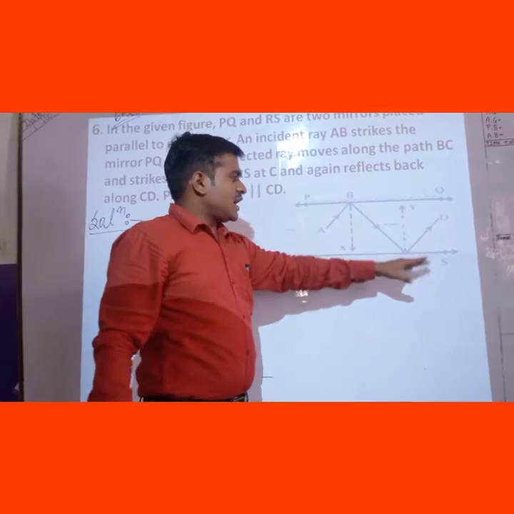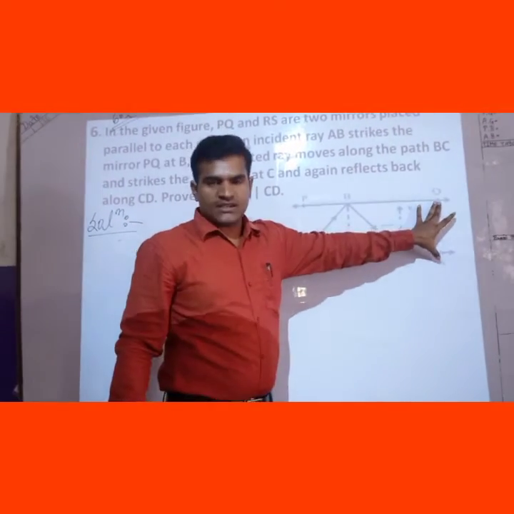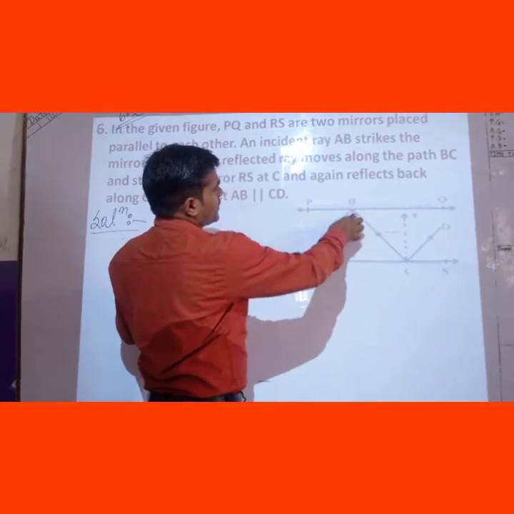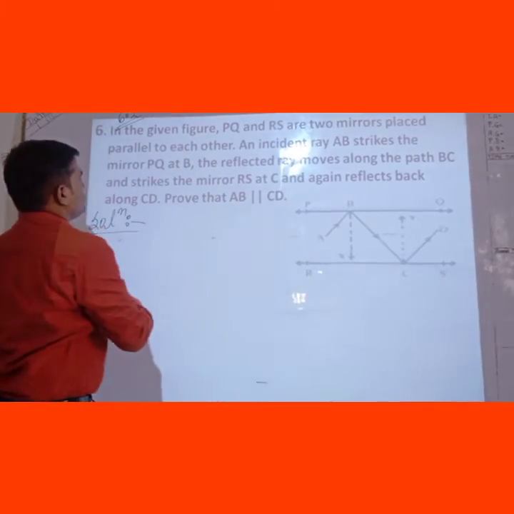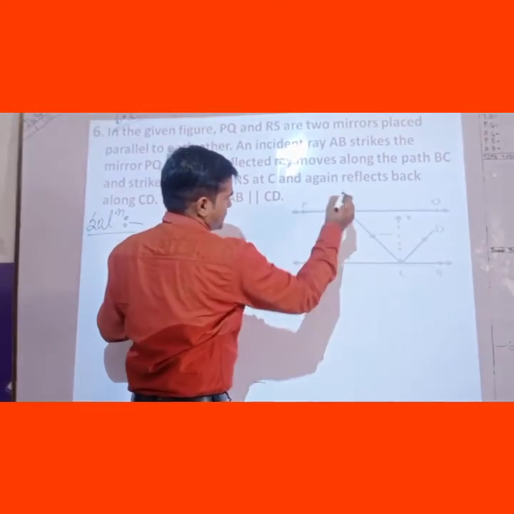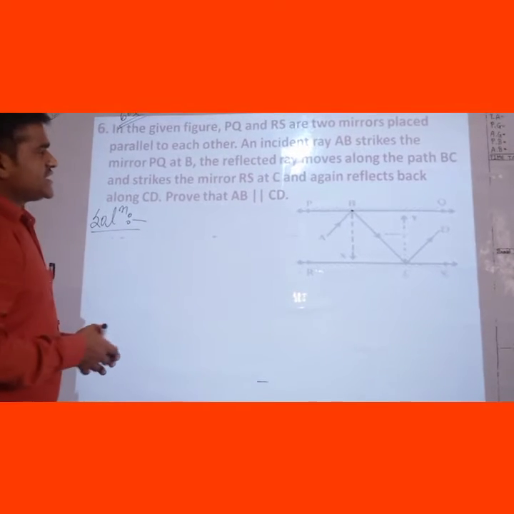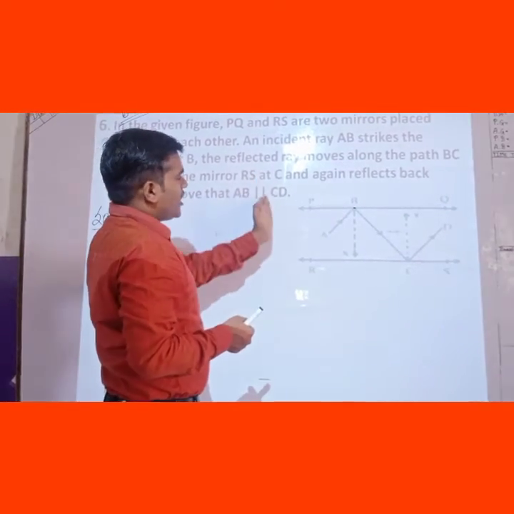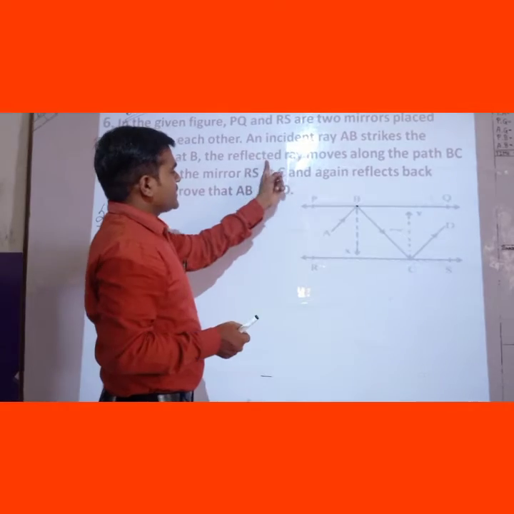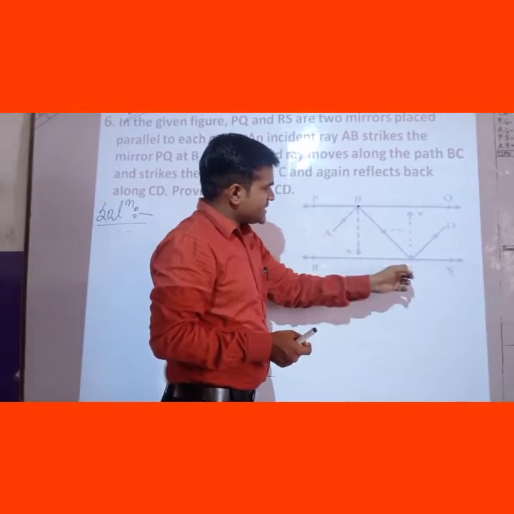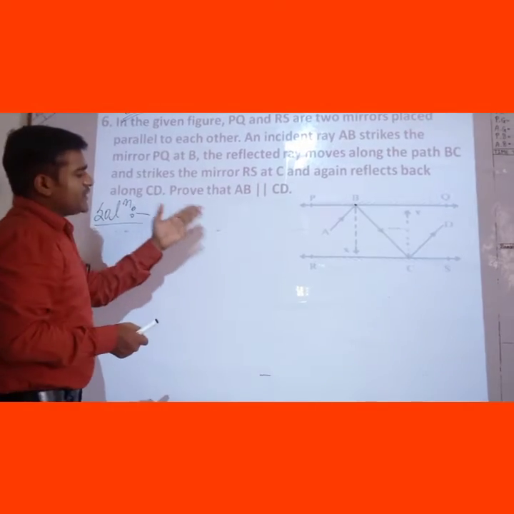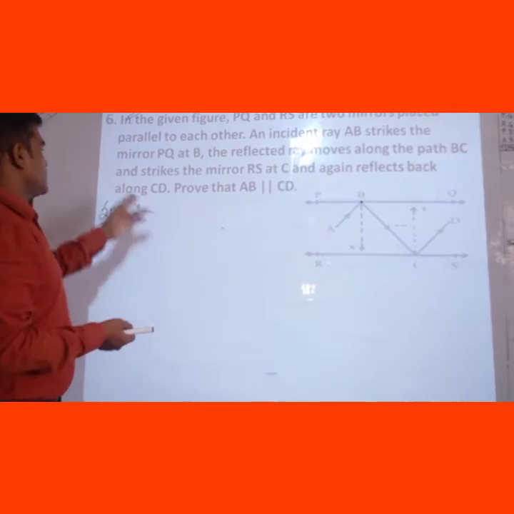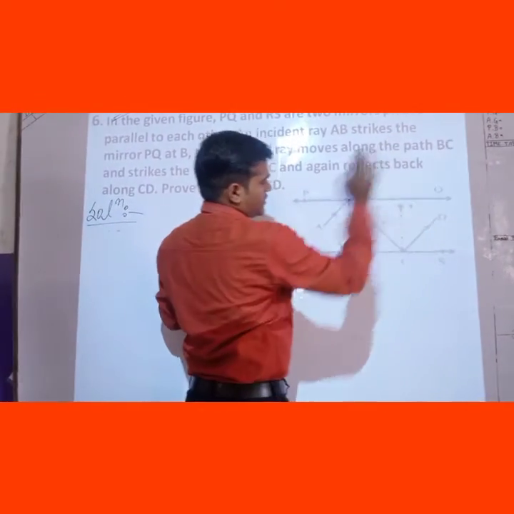Incident ray AB strikes the mirror PQ at a point B, then it is reflected and the reflected ray moves along the path BC and strikes the mirror RS at C, and again reflects back along CT.